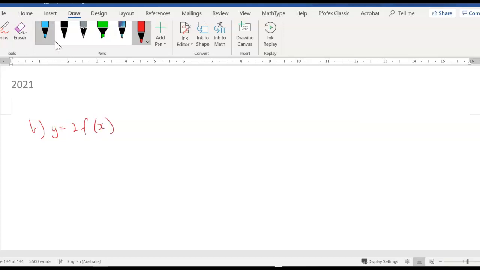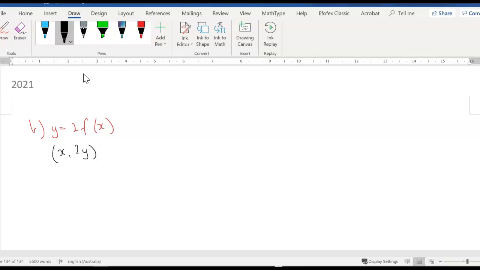So you just got to think about, well, what sort of transformation do we have here? So basically we're multiplying f of x by 2. So y is being multiplied by 2. So with your coordinates, you're going to have still x, but you're going to have 2y. So we have a dilation of factor 2 from the x-axis. So that's stretching our y values.